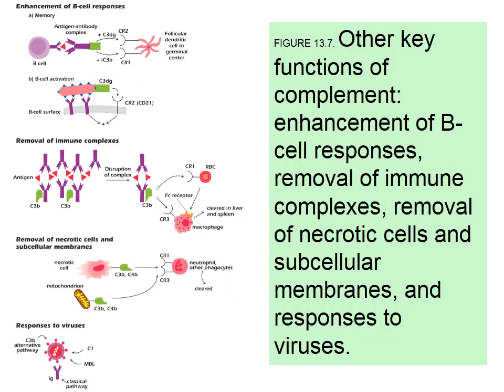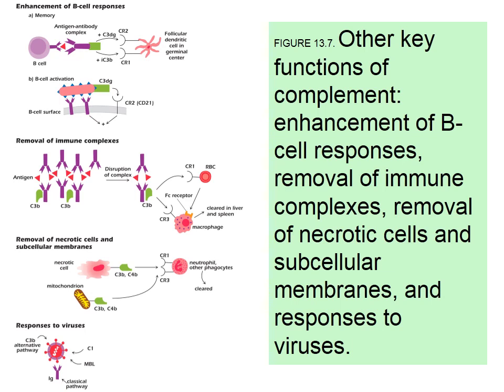Now, if you look at a broader picture of whatever we have discussed so far in terms of other functions of complement, you can see on the top, we talked about enhancement of B cell responses, especially the follicular dendritic cell, and taking these to B cell areas in the cortex where you can keep them as memory B cells.